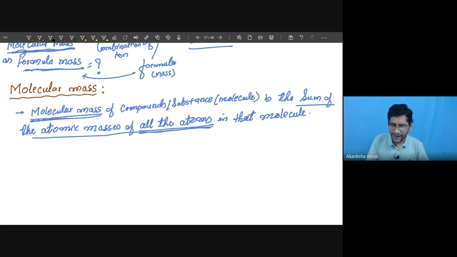Why is it obtained by the sum of the atomic masses of all the atoms? It is to follow which law?